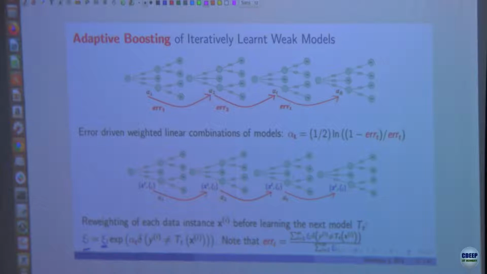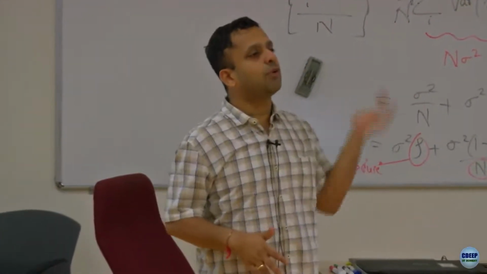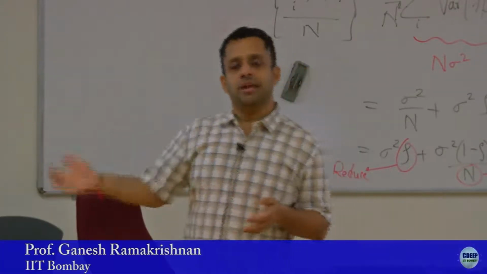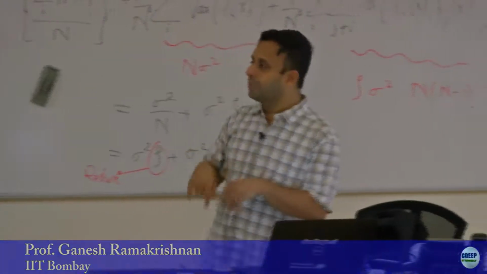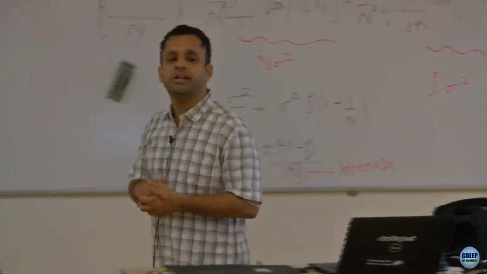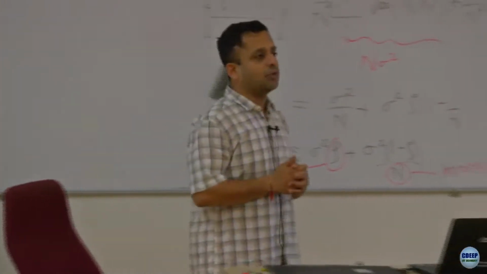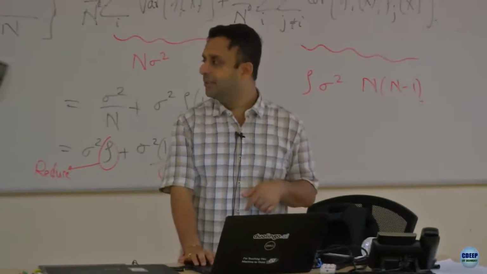So xi_i is xi_i into something, the previous xi_i, which means how has this example's weight been evolving over time, times how good or effective the current model itself is. Even if it has misclassified, if the current model is not very reliable, I will not be giving too much importance to its misclassification of the ith example.